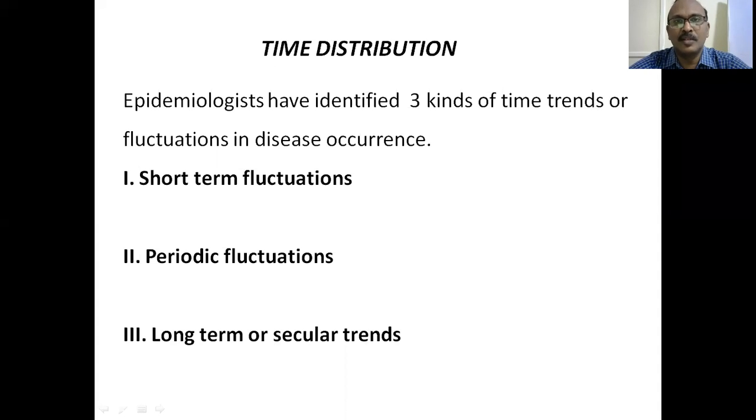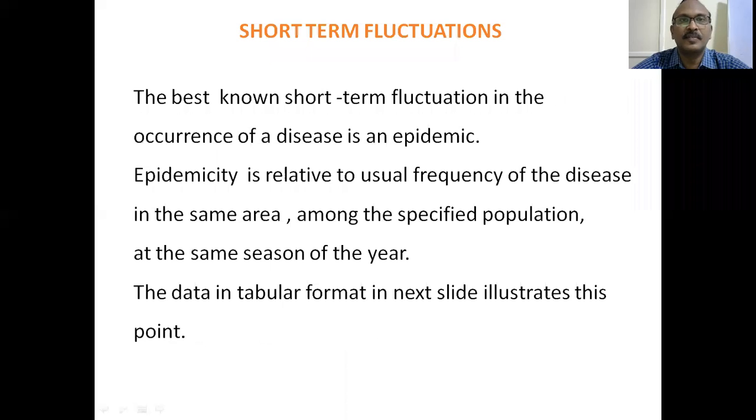Epidemiologists have identified three kinds of time trends or fluctuations in disease occurrence: short-term fluctuations, periodic fluctuations, and long-term or secular trends. The word fluctuation is also used for trend, so fluctuation and trends are synonymous.